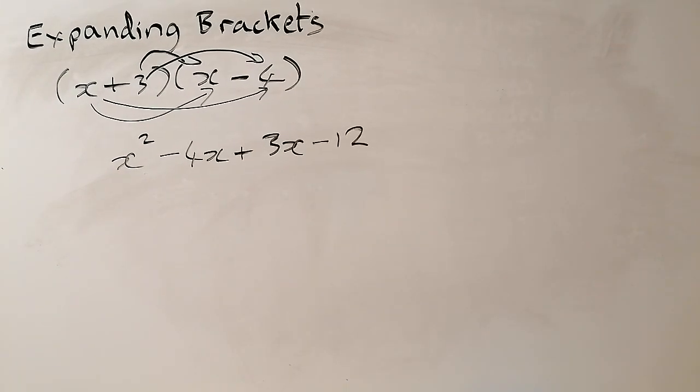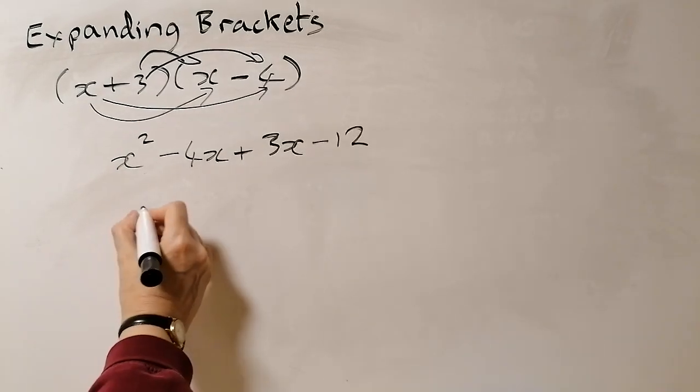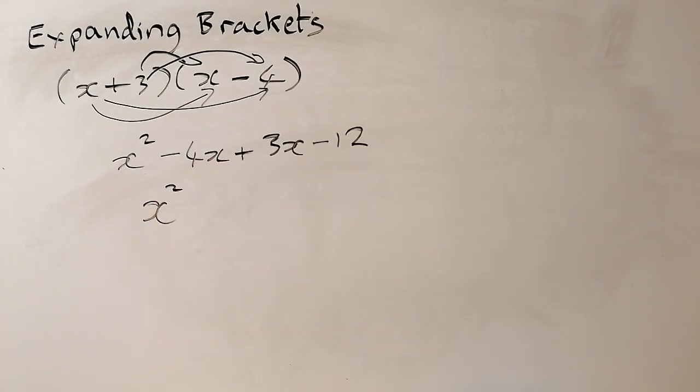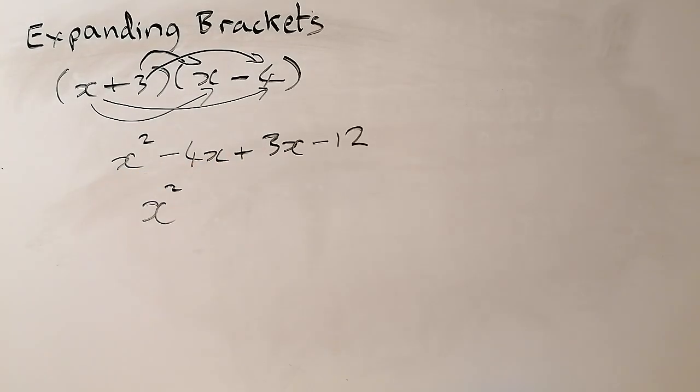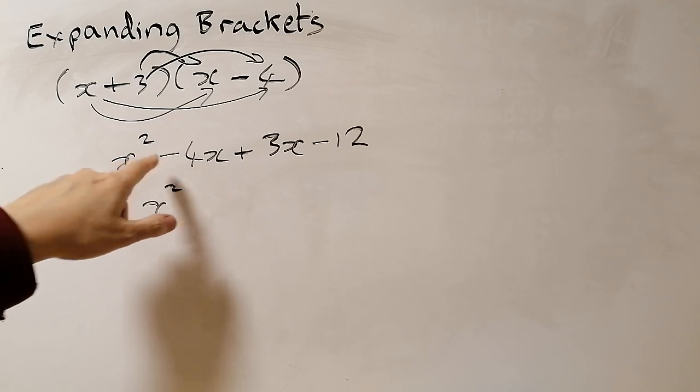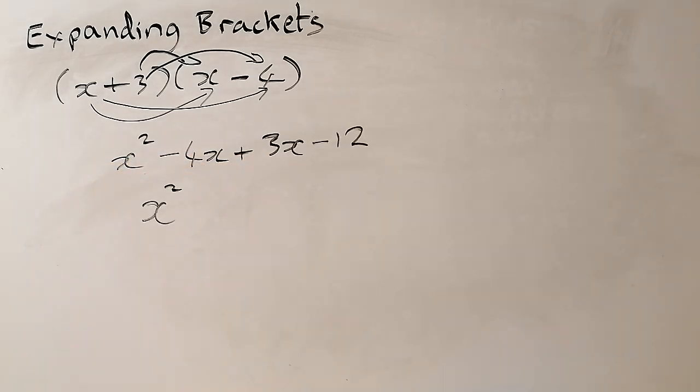Now, to simplify it, what we have to do is to collect the terms that are what we call like terms. That's a fancy mathematical way of saying we gather the x squared terms together, the x terms together, and the numbers together. Well, we've only got one x squared term, so we will put that down as x squared. But we've got two x terms with numbers in front of them. Minus 4x plus 3x.